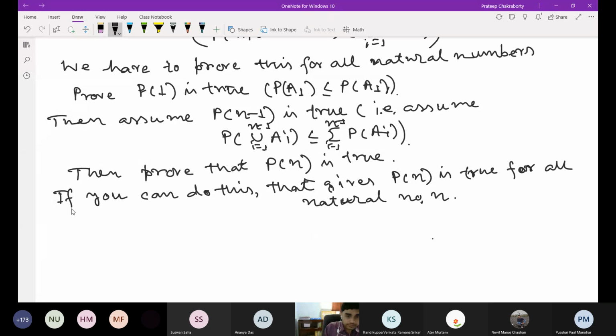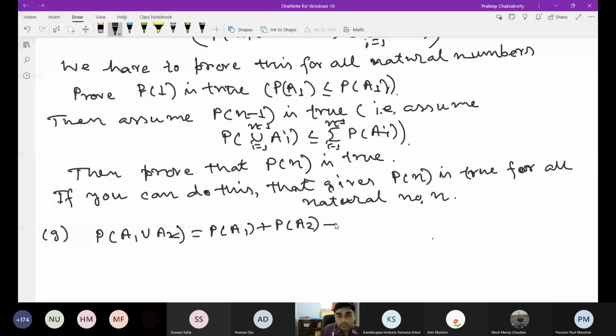Now the next thing is the property. What do you know about it? That P A1 union A2 is PA1 plus PA2 minus PA1 intersection A2. Right?